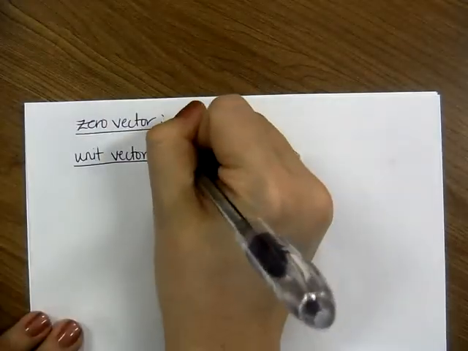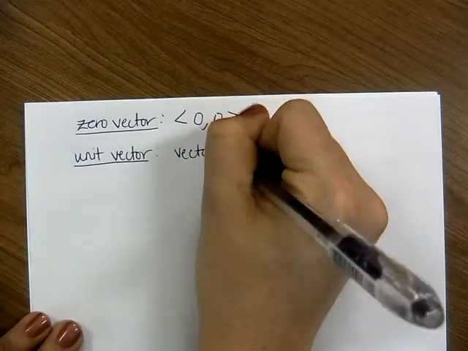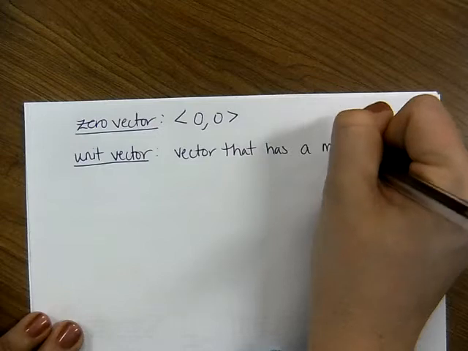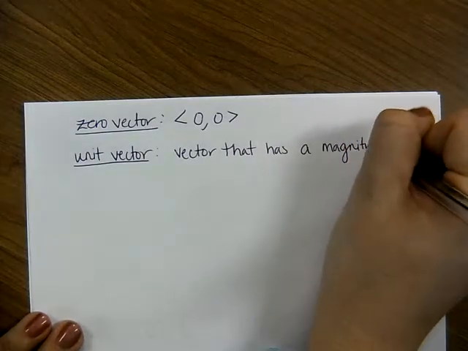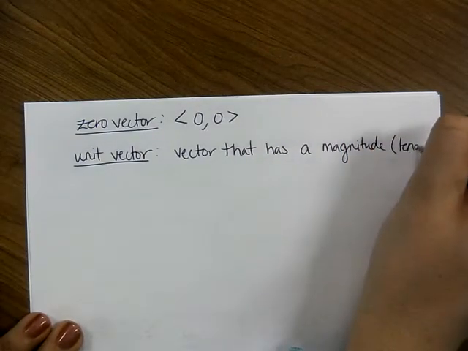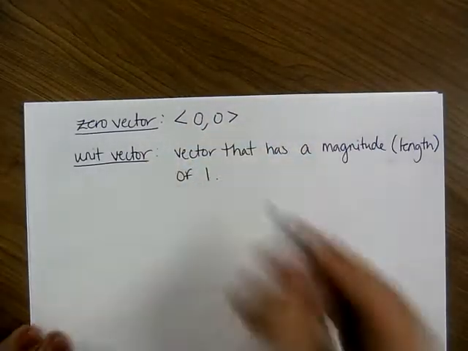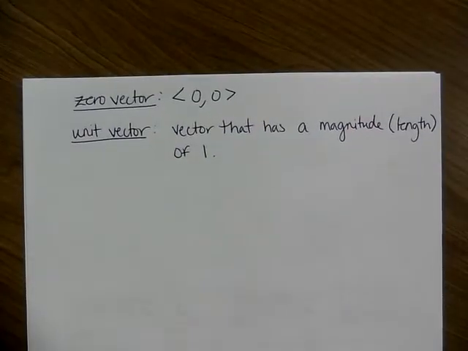A unit vector is a vector that has a magnitude, and keep in mind magnitude is just length, of 1. That should be enough terms to get us through today.